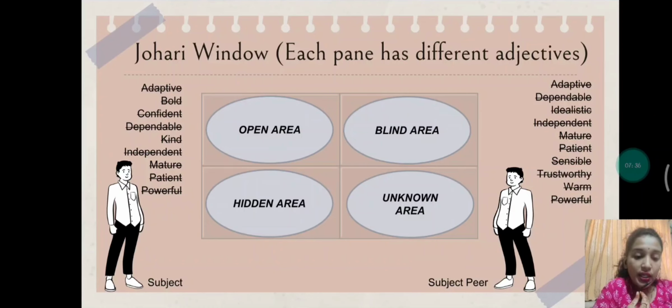Okay, so the idea behind this window is to push your boundaries further and further, into where sometimes you are unknown of, unaware of, or trying to hide. So it helps to create better understanding between you and the environment you are involved in.